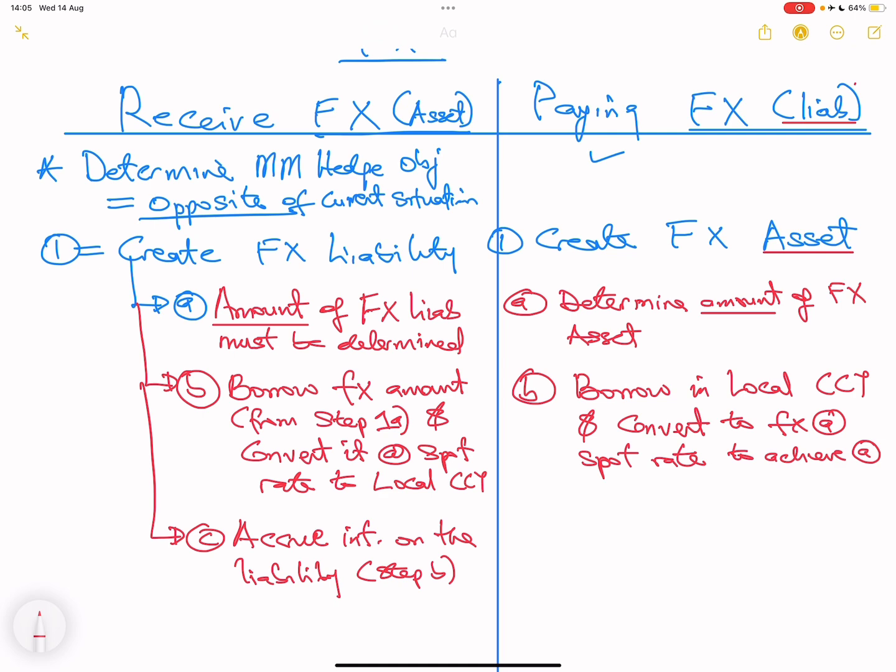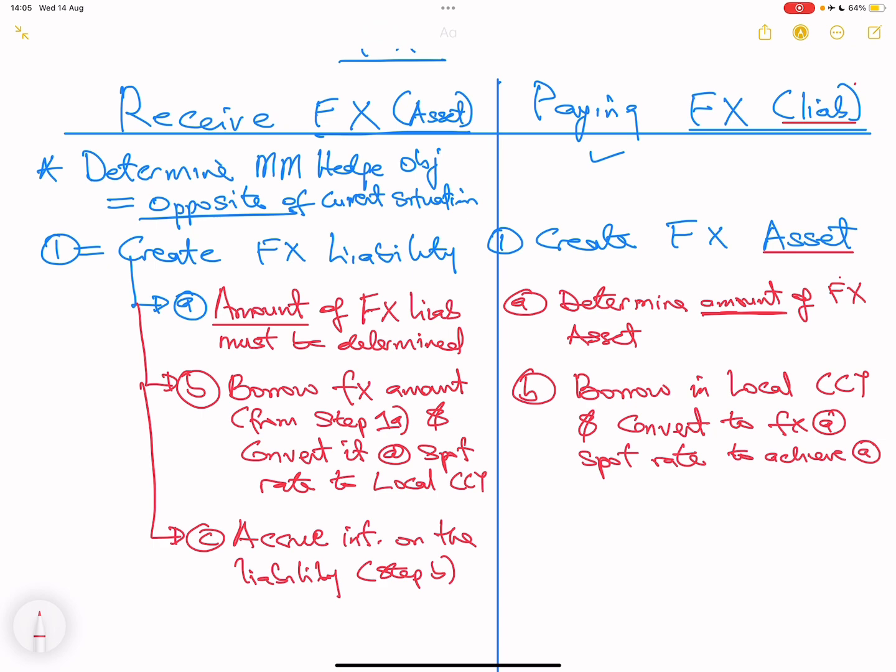So we need to make sure that we borrow in local currency in a way that we're able to achieve that amount of FX that we need. I'll show you how to work all of that out in terms of calculation. But our objective is to determine how much asset we need today, because everything happens today.